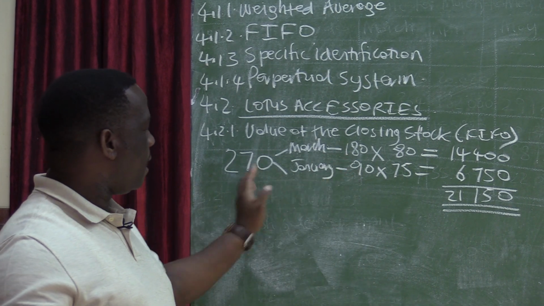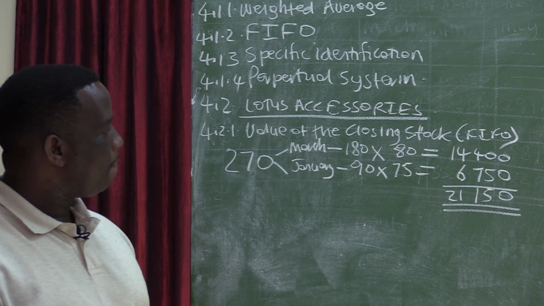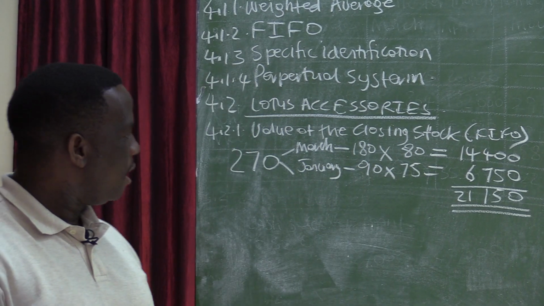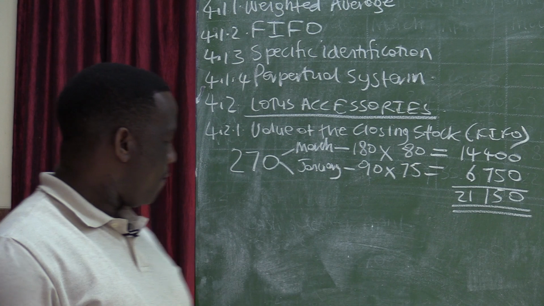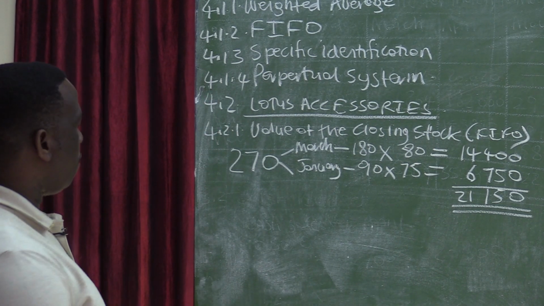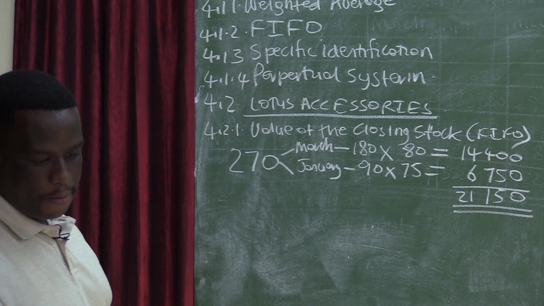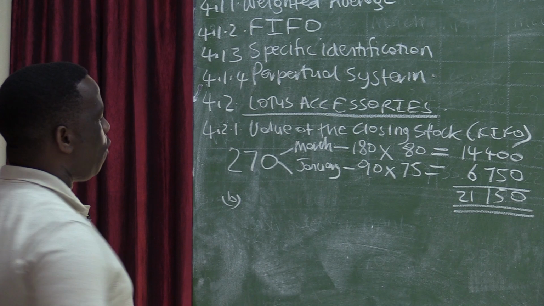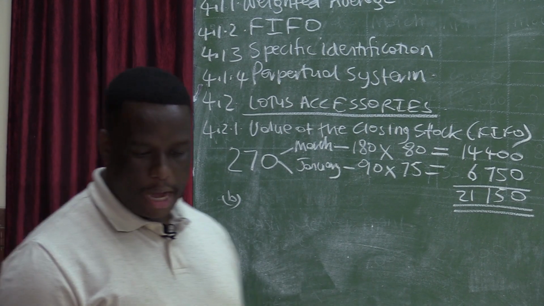So 180 plus 90 is giving us 270. And we are using the original cost prices of stock because this business is using FIFO method. So therefore the value of the closing stock is 21,150. That is B. We are still on 4.2.1 B now.